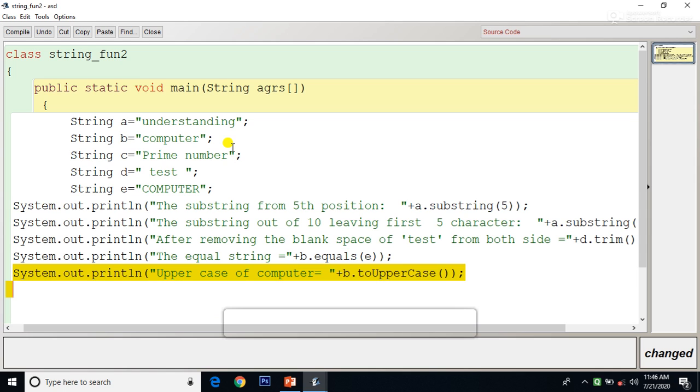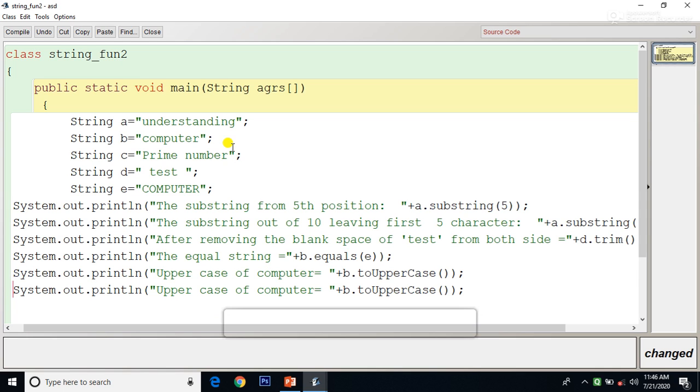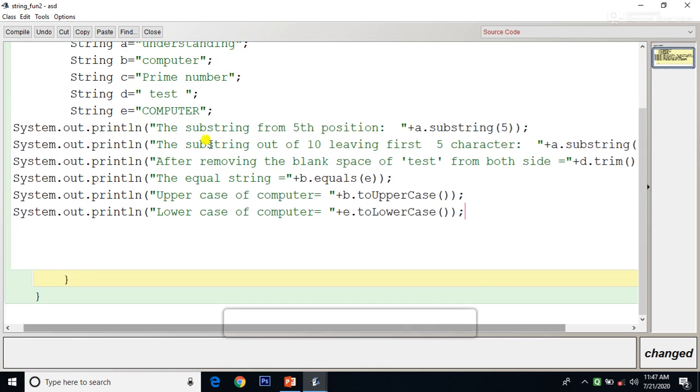Similarly, if you want to convert some values into lowercase, suppose this one, we'll write here e.toLowerCase. Here I will change the message, lowercase of this. Now I will close the main and class.